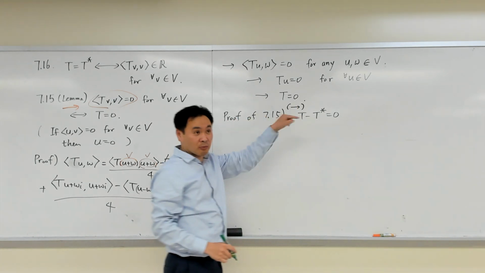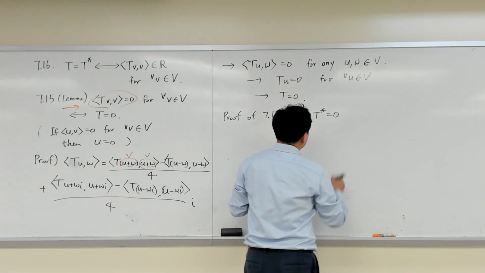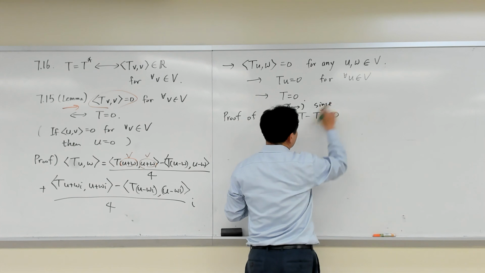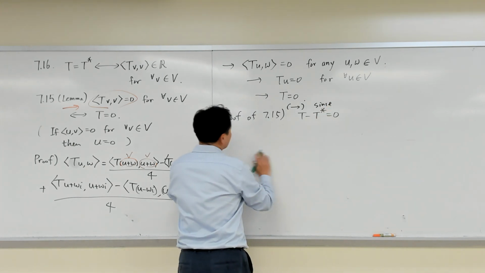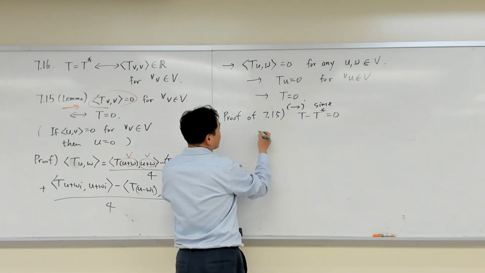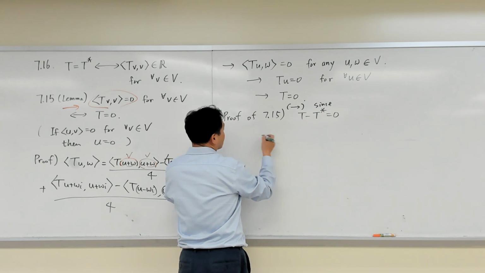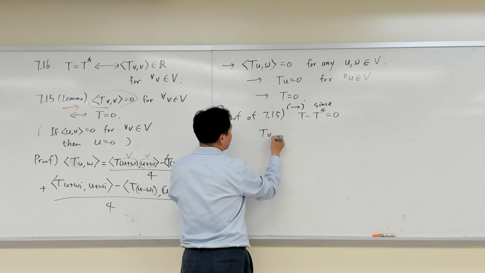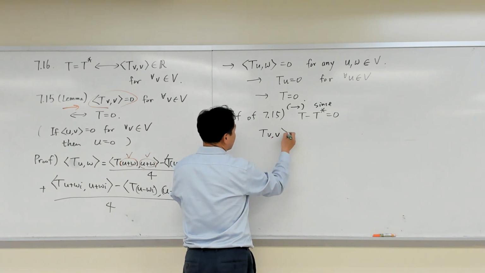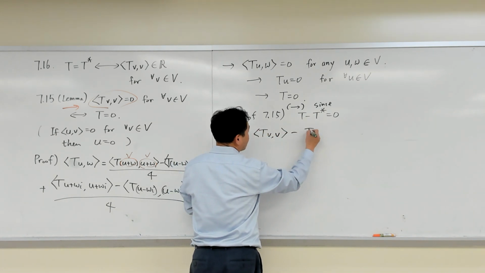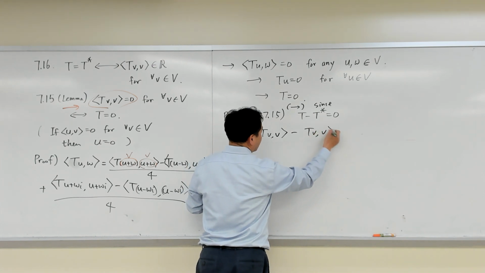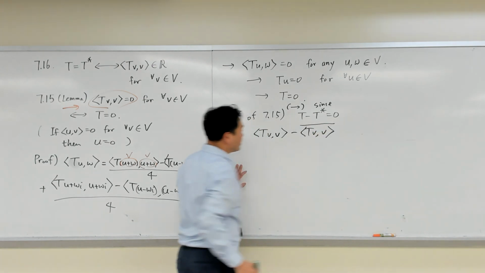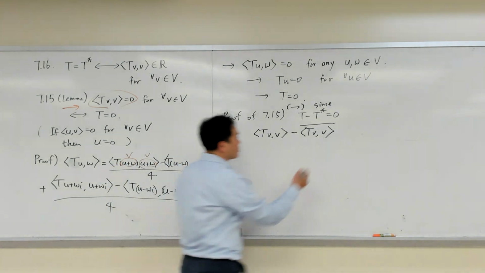Okay, so proof of this way. Since this is equal to 0, we see that <Tv, v> minus <T*v, v> bar. So this is our assumption.